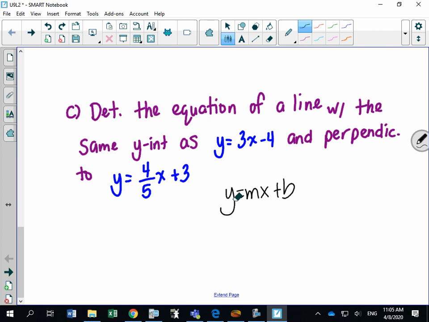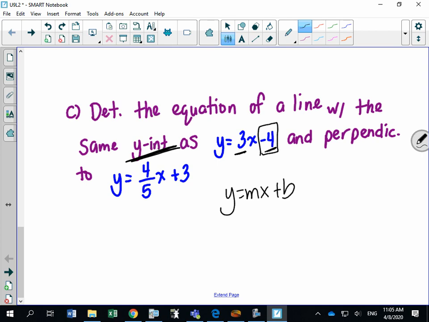They want the equation of my new line to have the same y-intercept as this equation here. So what you have to do, y-intercept, what am I looking at? Do I care about that value or that value? Which one do you think the y-intercept is? The y-intercept is your b value, which is this guy here.